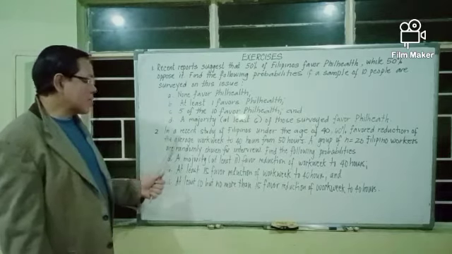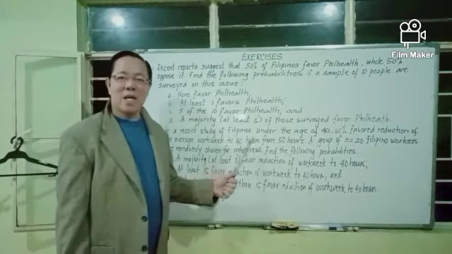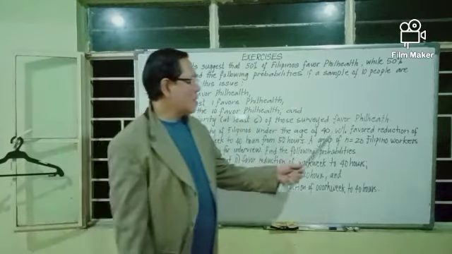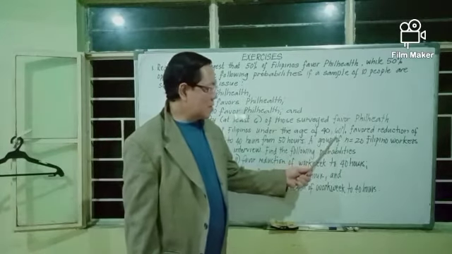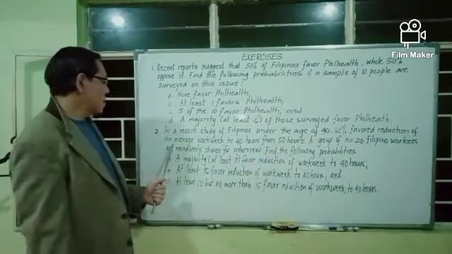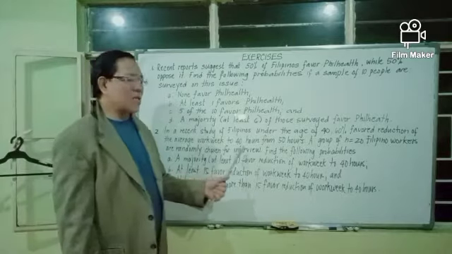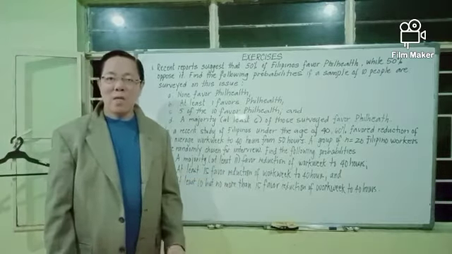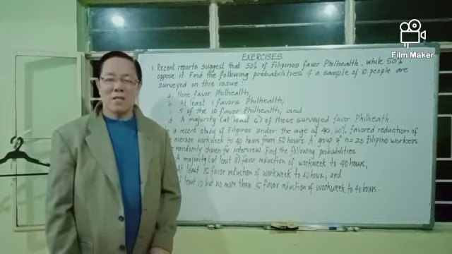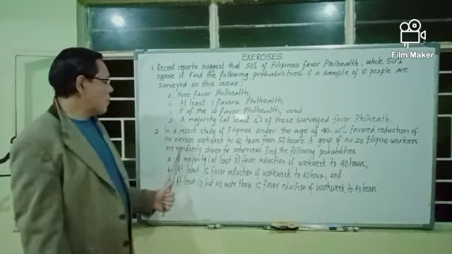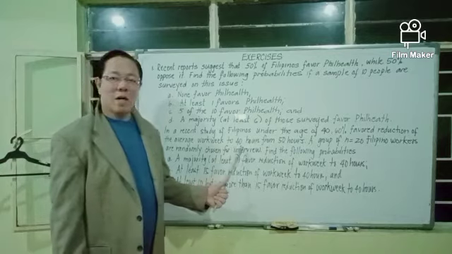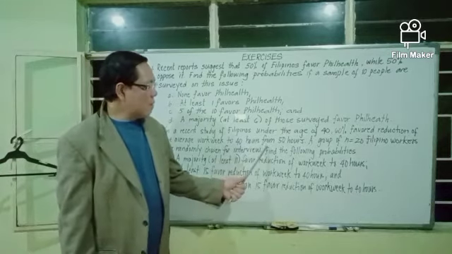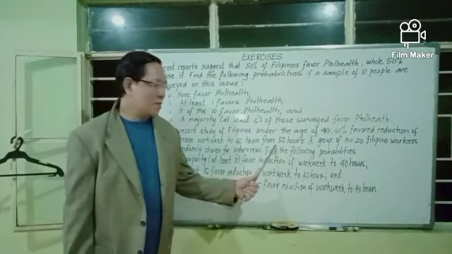Number 2, in a recent study of Filipinos under the age of 40, 60% favored reduction of the average work week to 40 hours. That is, in 1 week, the number of working hours is 40 hours, reduced from the original of 50 hours.